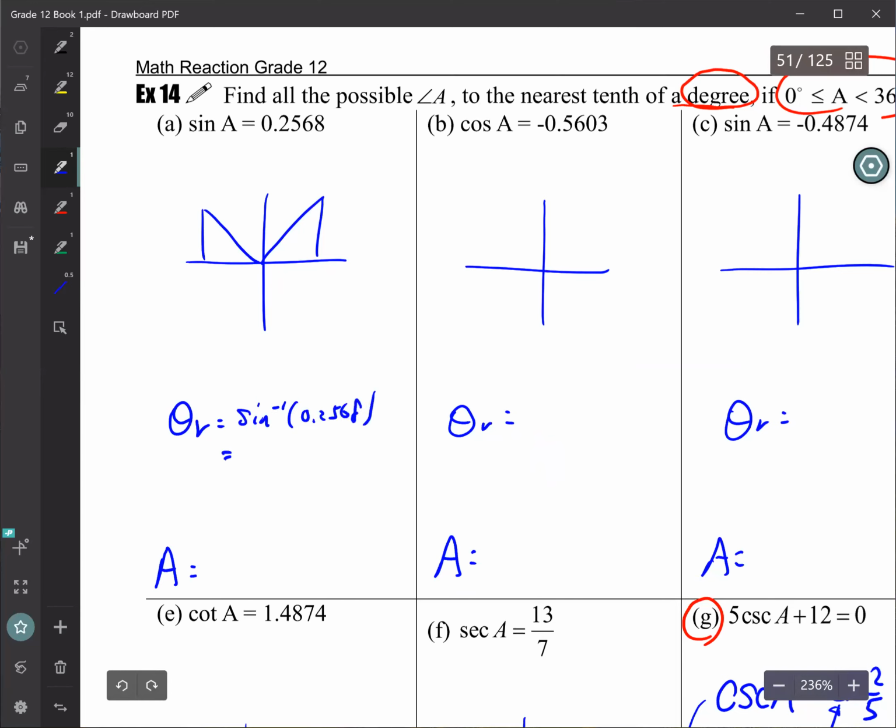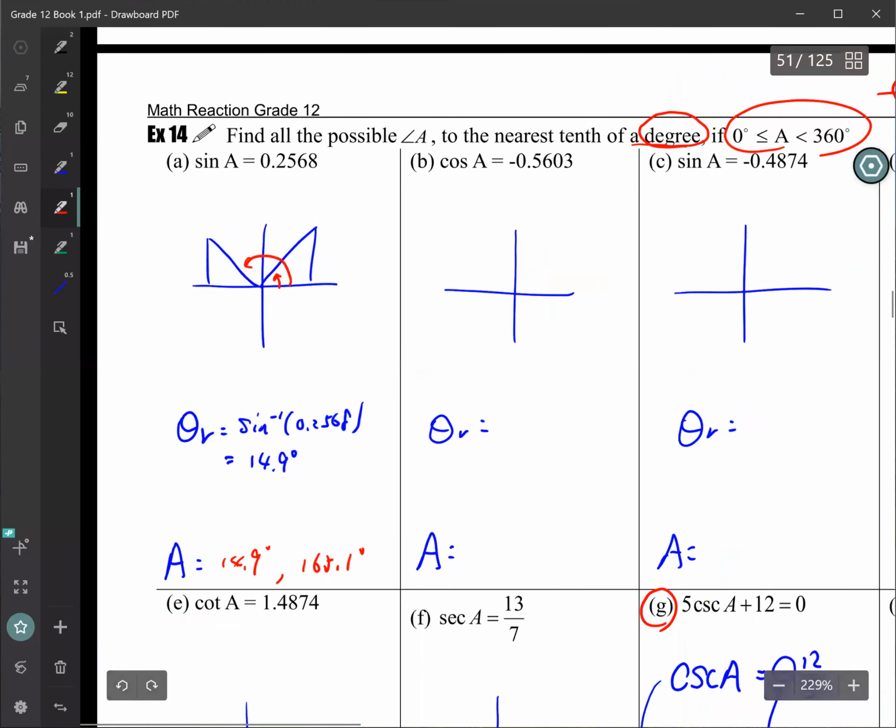What's your reference? 14.9. So the first answer will be 14.9. Second one? 165.1. Okay, sounds good.